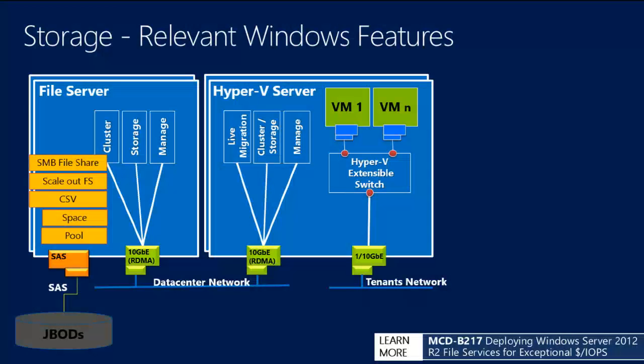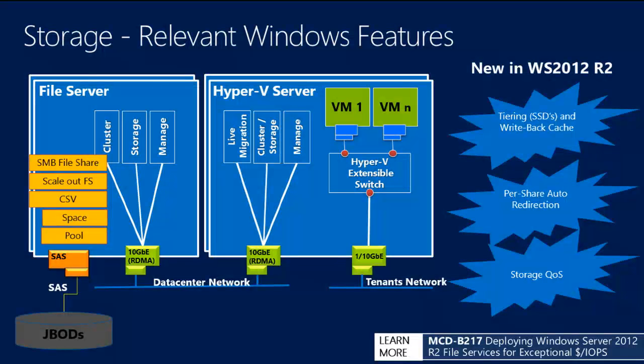In terms of the network, you have the data center network connected between your Hyper-V hosts and your file server, and you have a separate network for connecting the tenants and their VMs out to the internet. There is a session that talks more about how you actually can do this better in R2.